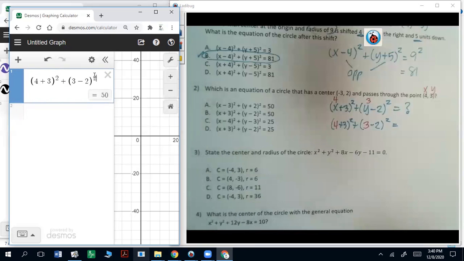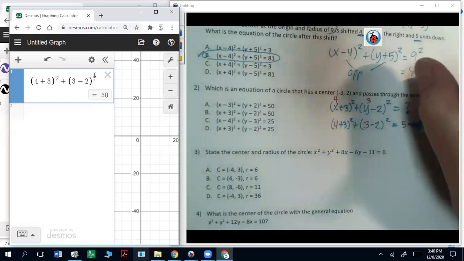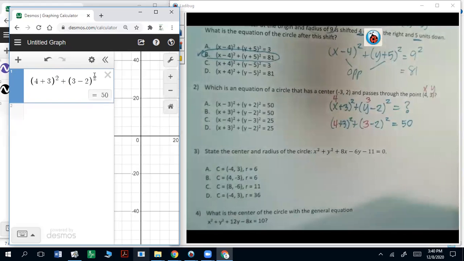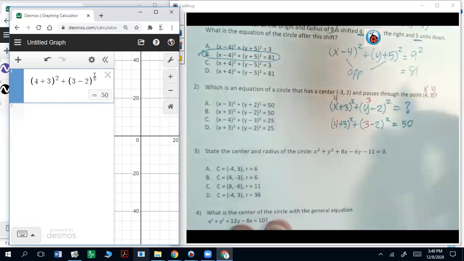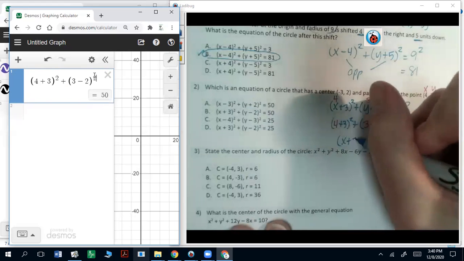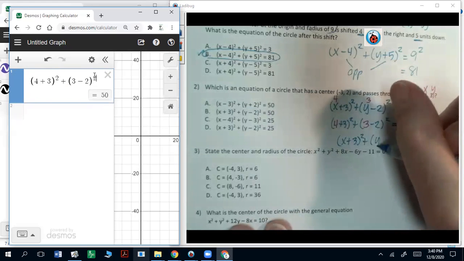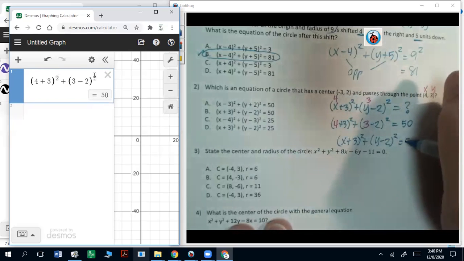You get 50, right? So that end number, that r squared, is 50. That's what we're looking for here. So that means (x + 3) squared plus (y - 2) squared is equal to 50.